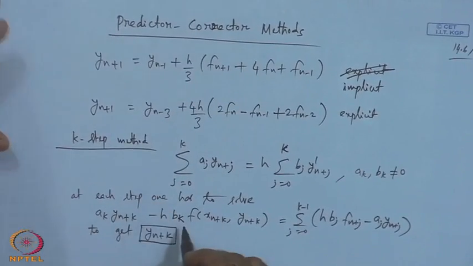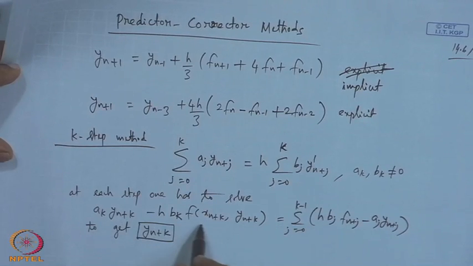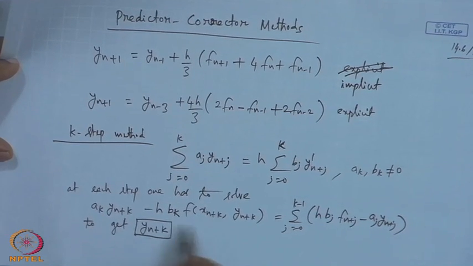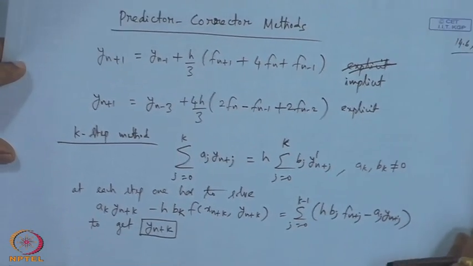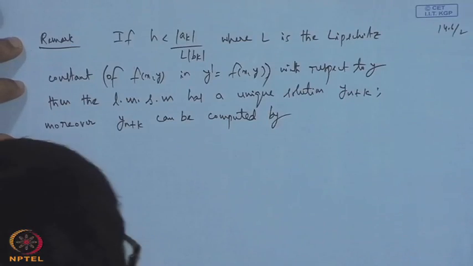If you look at it, y n plus k appears on the right side as well, so this resembles some kind of fixed point iteration.